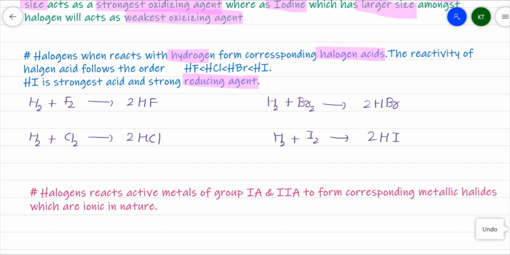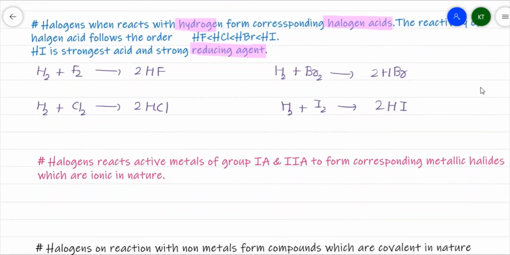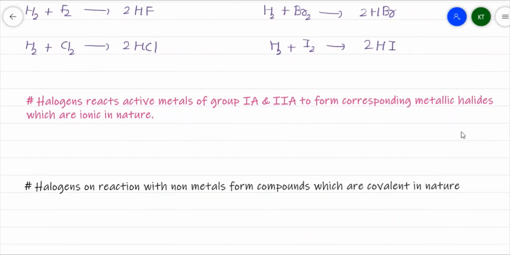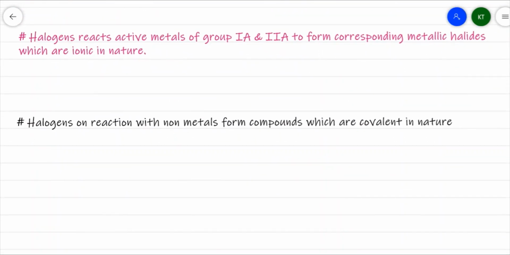Then next, halogens react with some of the active metals of group 1 and group 2 elements, that means alkali metals and alkaline earth metals, so as to form the corresponding halides. Like sodium metal combines with chlorine to give sodium chloride.